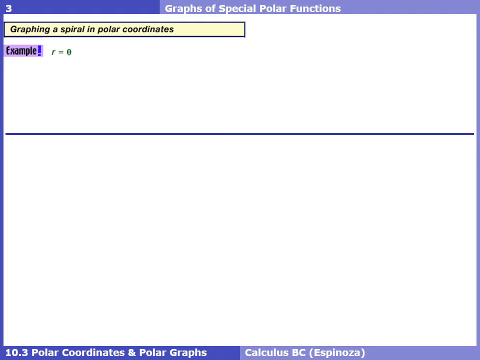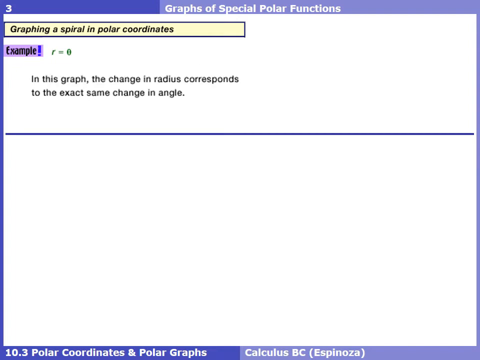The more familiar you become with these polar graphs, the better off you'll be in understanding the calculus of what's to come in 10.4. So really look at these next couple slides as just giving you all the information of these graphs that you're going to need so we can take that to doing the calculus with these graphs in 10.4. So what if you were asked to graph r equals theta? Kind of the analogy of saying y equals x, which is our linear function.